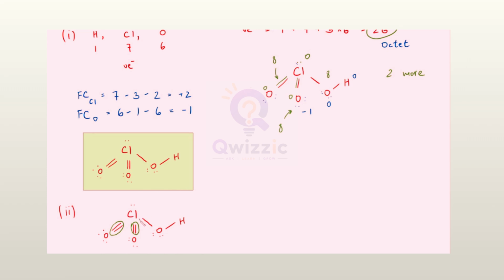Then we have a single chlorine-oxygen bond, that's the 3rd electron region. And we have a lone pair. So the number of electron regions is 4, which corresponds to an sp3 hybridized chlorine atom. And sp3 electronically corresponds to 109.5 degrees.